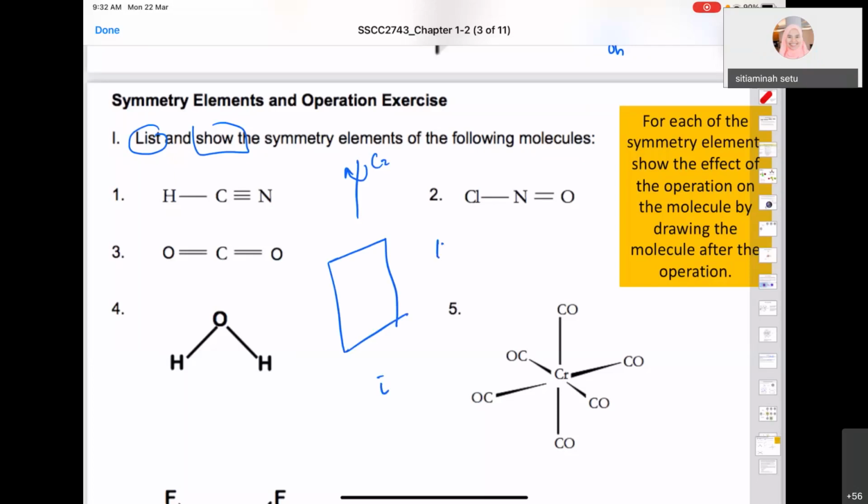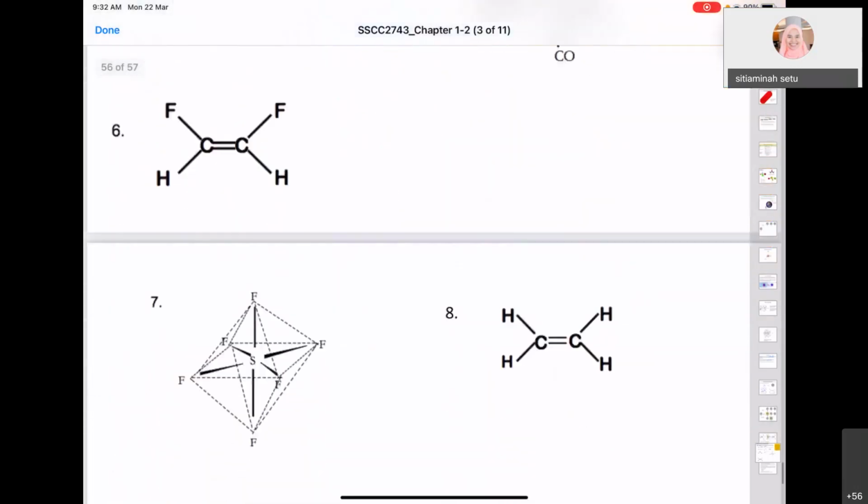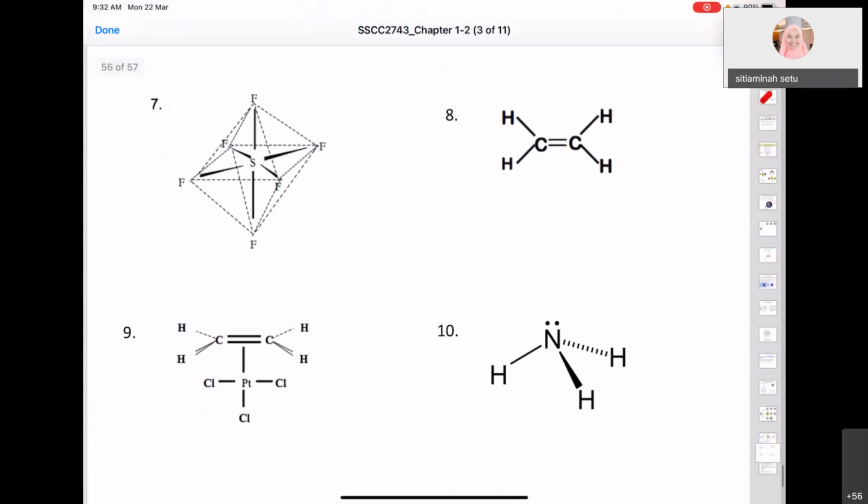Contoh macam H, C, N, kat sini, so you tunjuklah konon-kononnya dia ada rotation contohnya. So you kena tunjukkan the molecule after the symmetry operation. Macam tu. Right, so jawab soalan ni. Nanti saya akan minta you upload dalam e-learning.